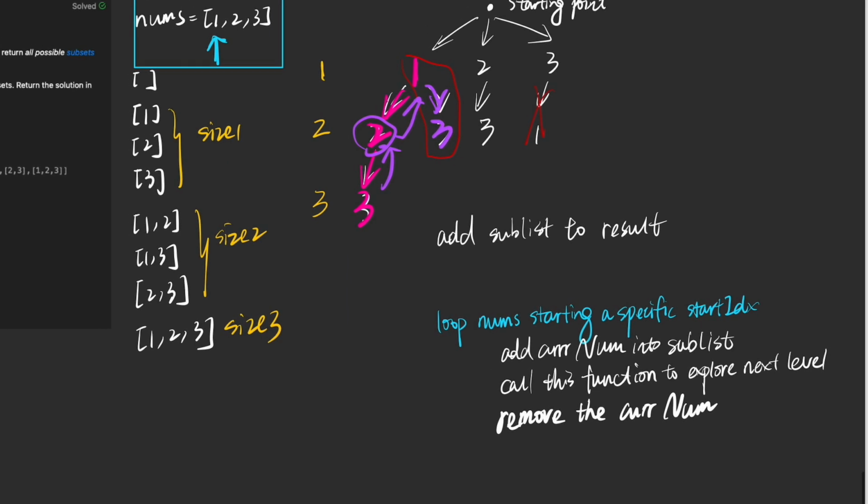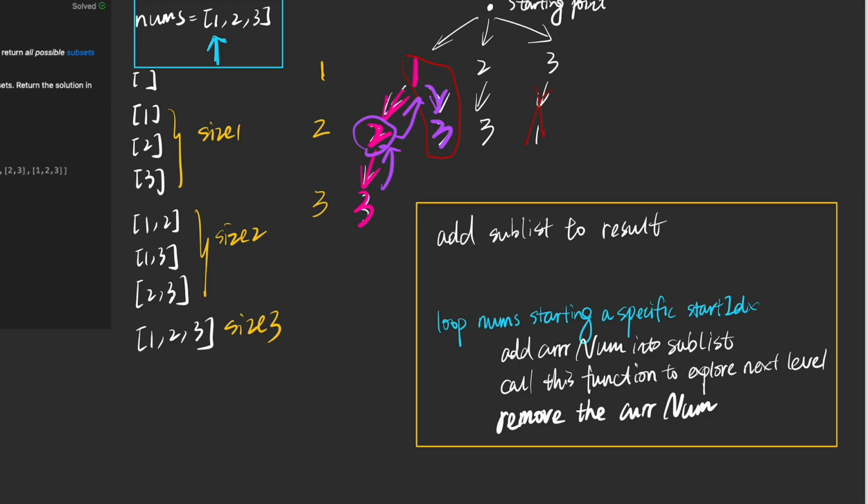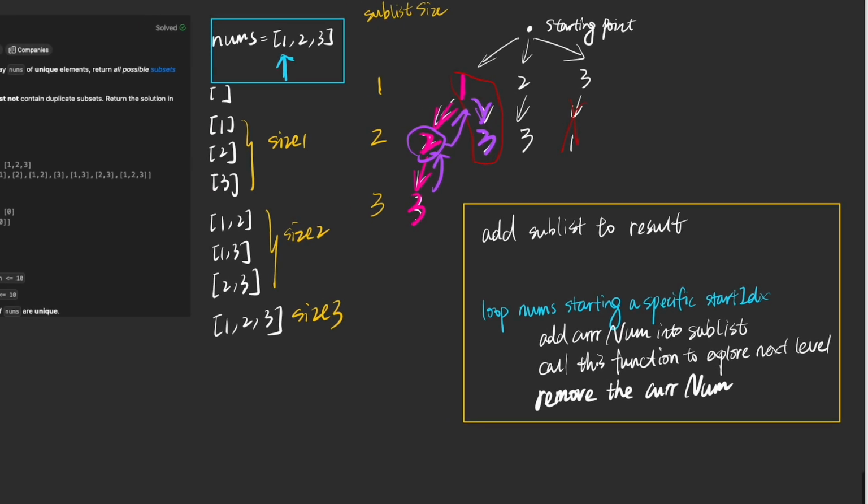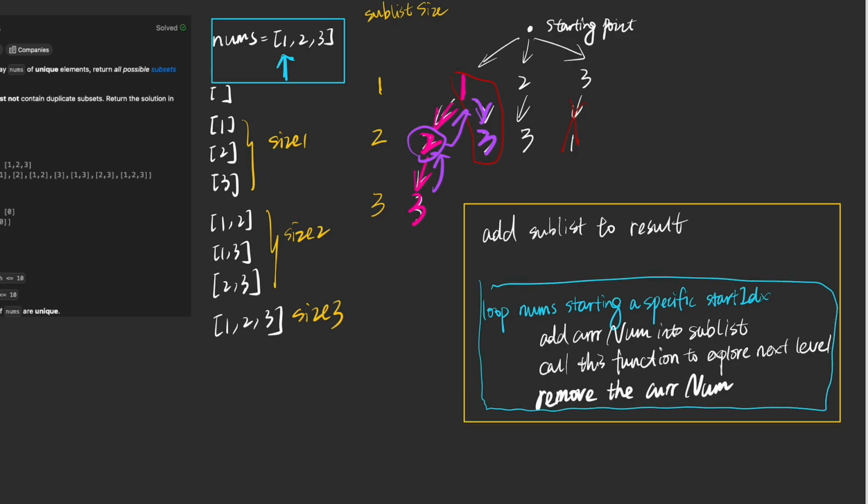Like this is the whole function, how we traverse the different sizes of sublist, and the internal loop is a for loop over the numbers, how we loop the numbers.